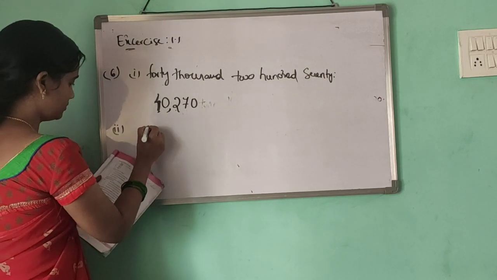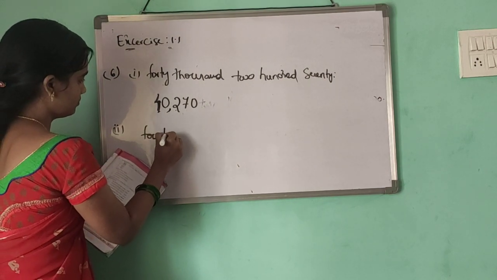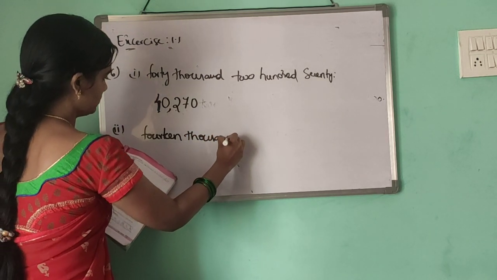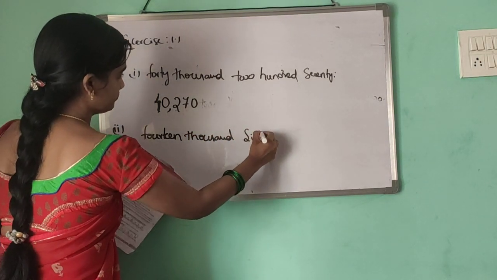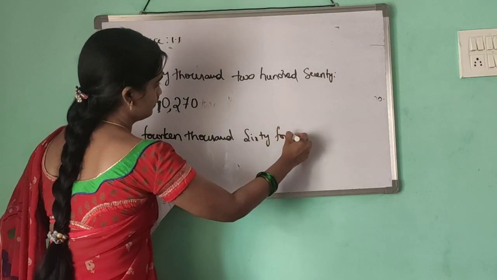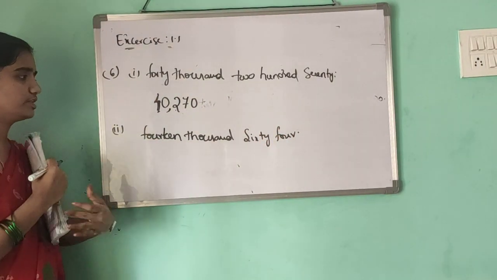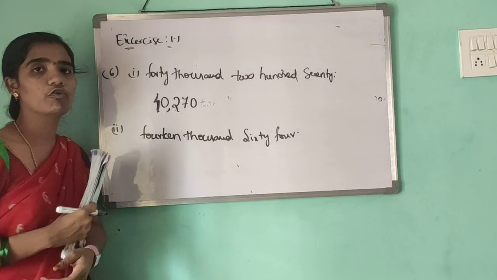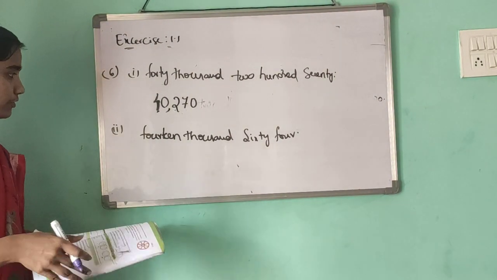Go to the second one. Here also the same. 14,064. 14,000, how can we write?